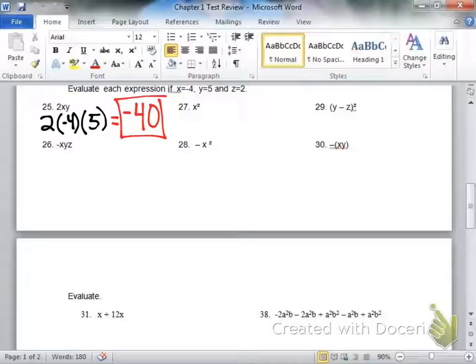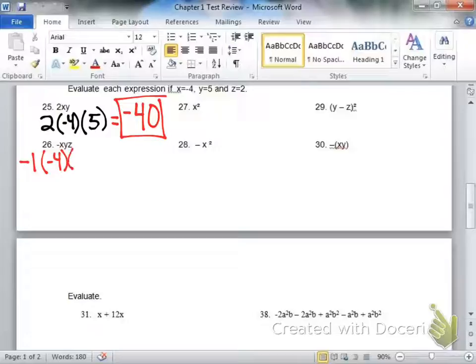All right, take a look at number 26. Same idea here. We have that negative. If I wanted to make that a number, just a negative, what would it be? A negative in the front is like a -1. So I'm actually going to make that a -1 just to help me keep things straight, okay? Instead of x, what am I going to put? -4.